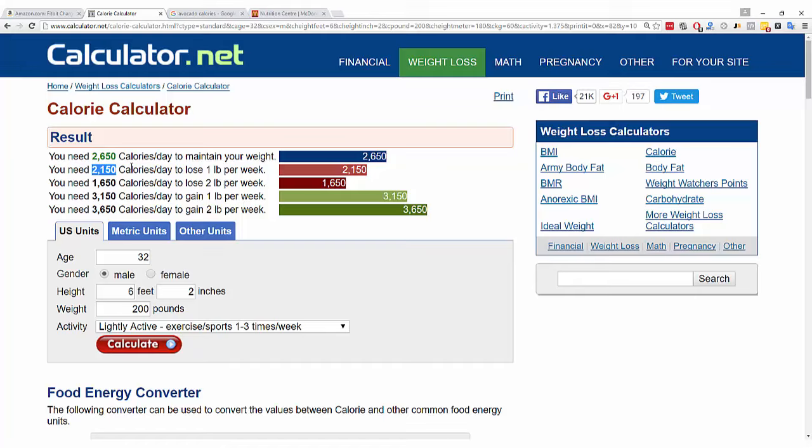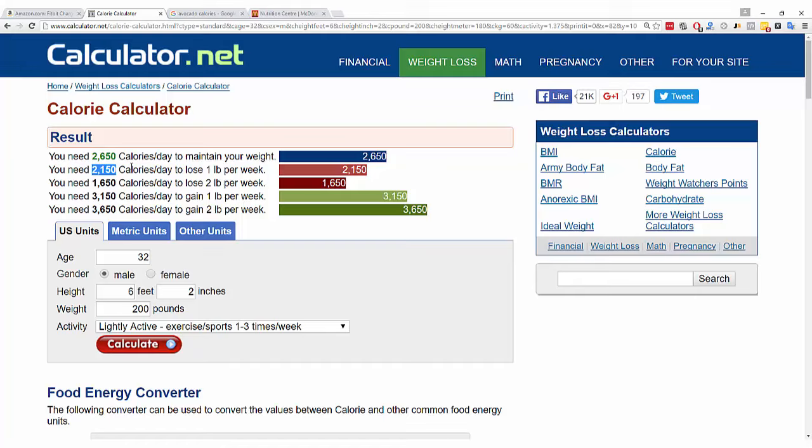Meaning that if during the week you ate something like 20,000 calories and you burned 23,000 calories, then most likely you will lose about 1 pound of weight. So a difference of 3,000 to 3,500 kilocalories will get you 1 pound of weight difference.